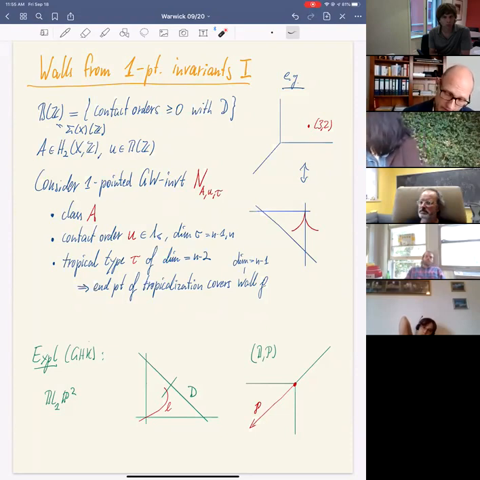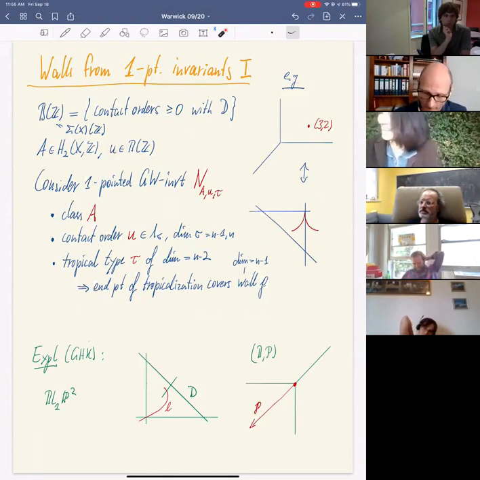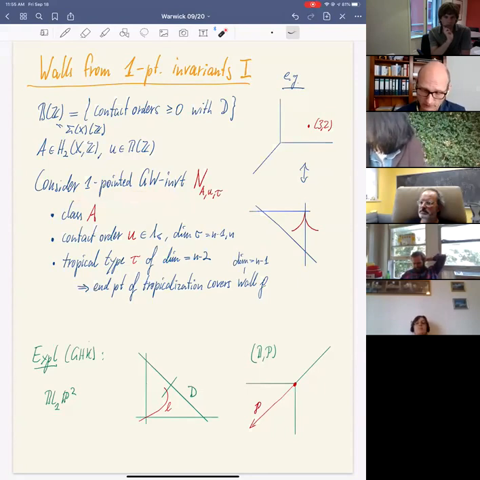And then in addition, we need a homology class, as usual, a curve class. And well, that's the contact order U. And now we use a one-pointed Gromov-Witten invariant. Okay, so only 1 point will go in.